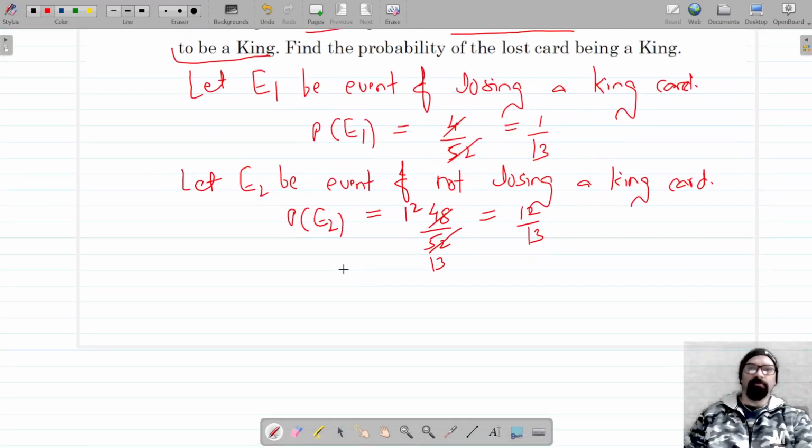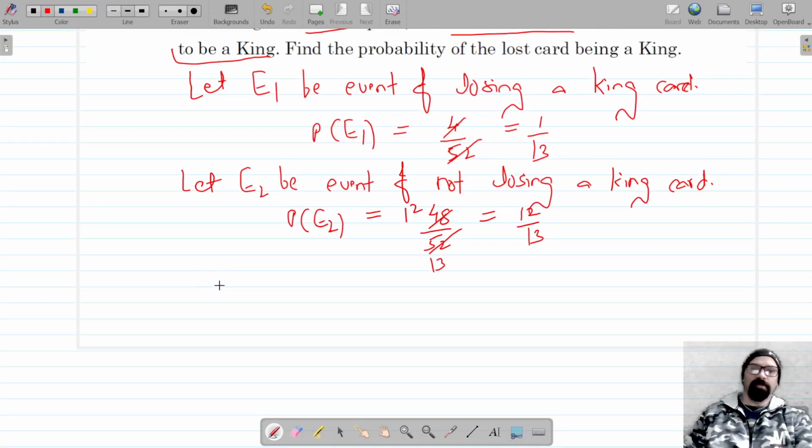Now we have to draw a king card, so we have to draw a card, and let's say A be the event of drawing a king from the remaining cards.